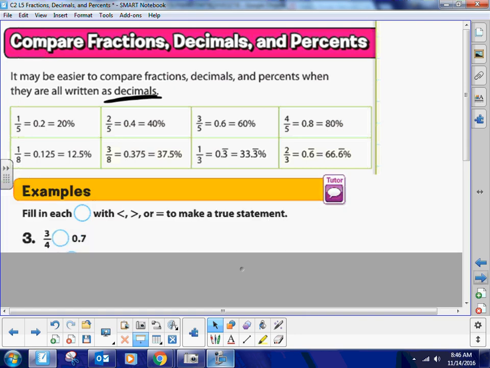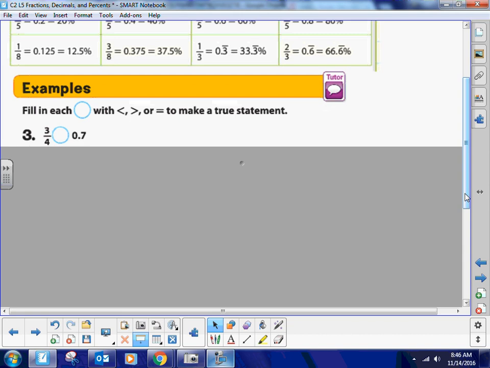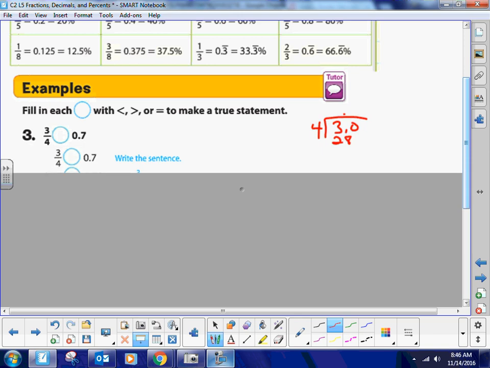Okay? So what they want you to do is compare which one's bigger, 3/4 or 0.7, right? Or 7/10. The way that you figure out 3/4 is what? Remember that? You divide 3 by 4, bring down the 0, and it's 0.75.